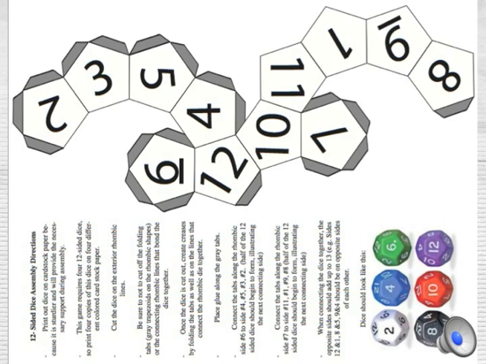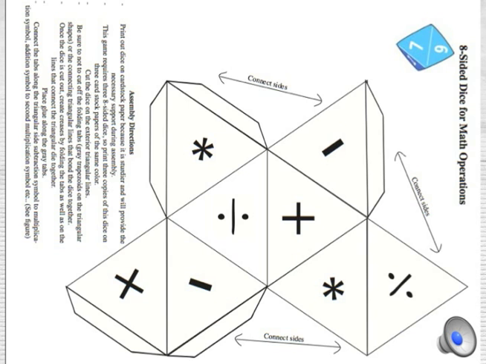And so then they have to take those 3 numbers, which is from 1 to 12, and arrange them with 2 more dice, and I think this is an 8-sided dice I'm about to show you. Okay, hold on. But this 8-sided dice has arithmetic expressions on it, and so you have to arrange this in the 12-sided dice in order to make the number 24.